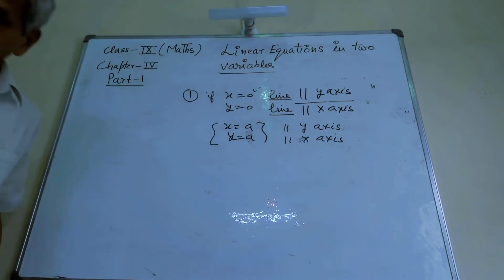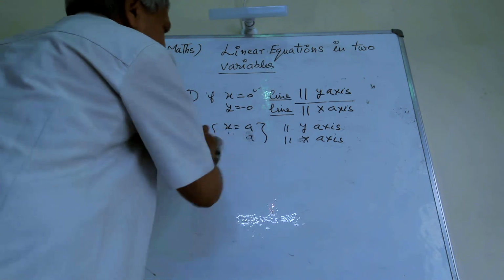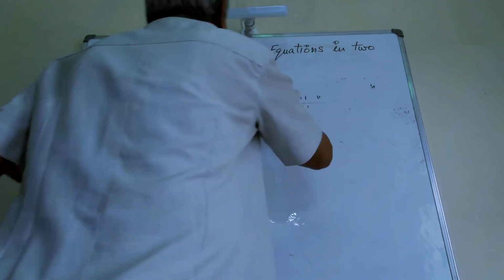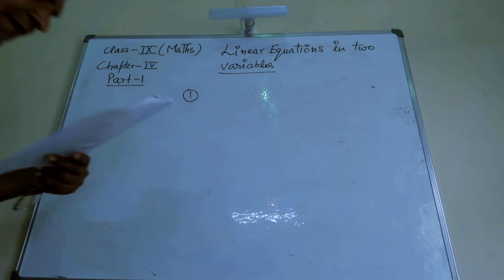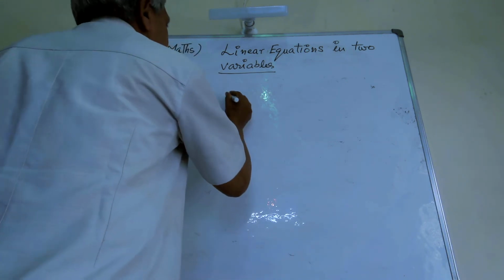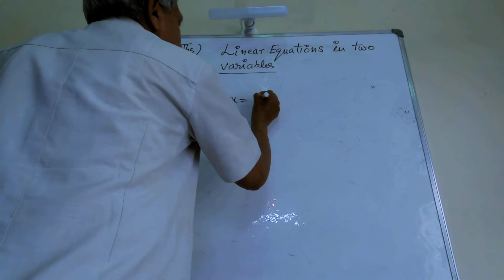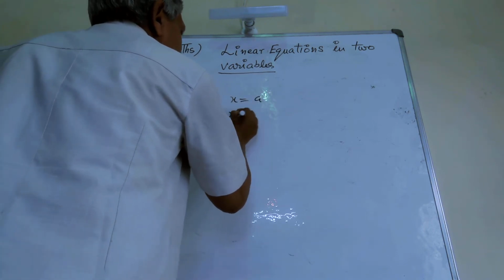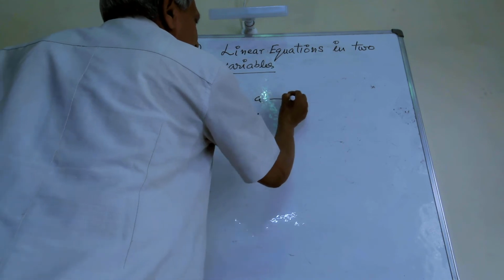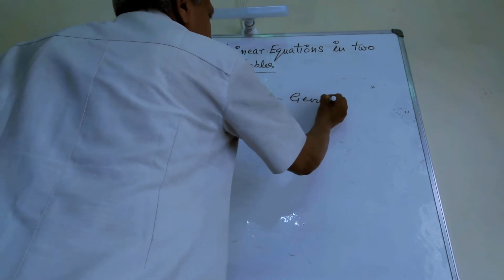So now I am taking an example. With the help of an example, it will be clear to you. The general form is x is equal to a, and the example is x is equal to 4.